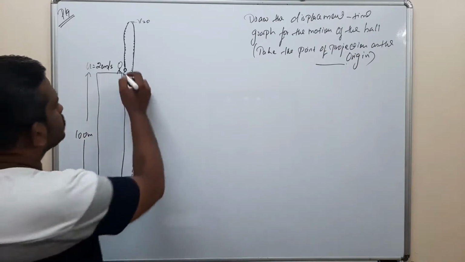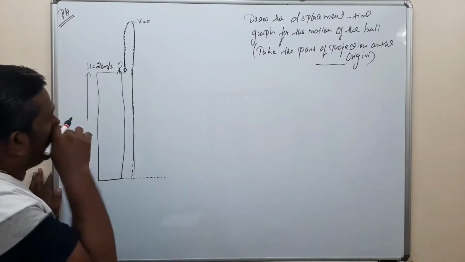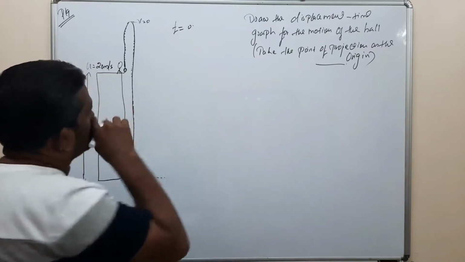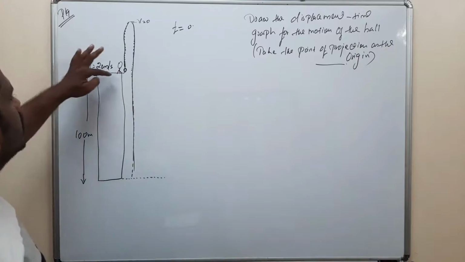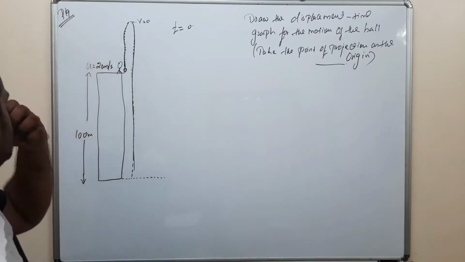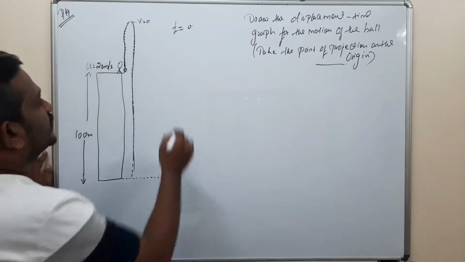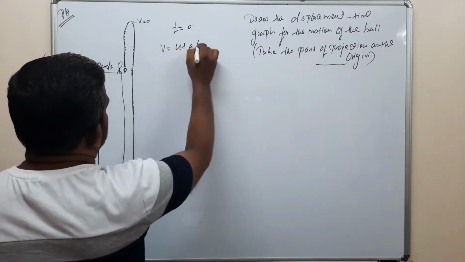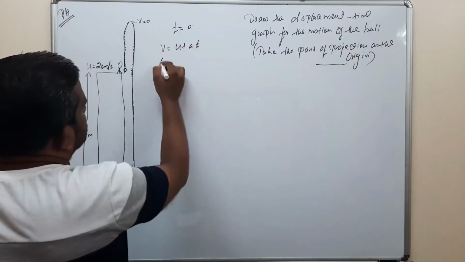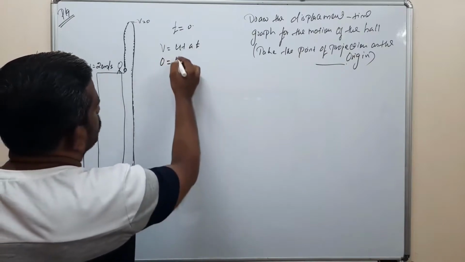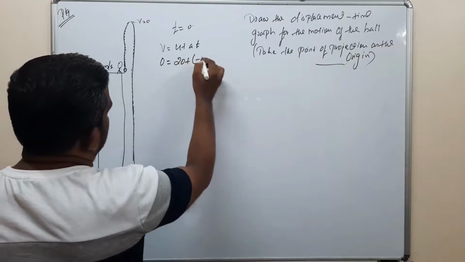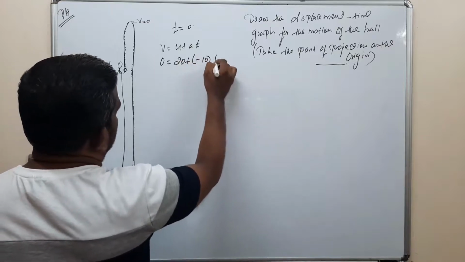The ball is projected at time t equal to 0. When the ball reaches the maximum height, what is the time? I am using the equation v equals u plus at. At that point the velocity becomes 0, equal to the initial velocity, that is 20, plus acceleration, which is always minus, that is minus 10t.